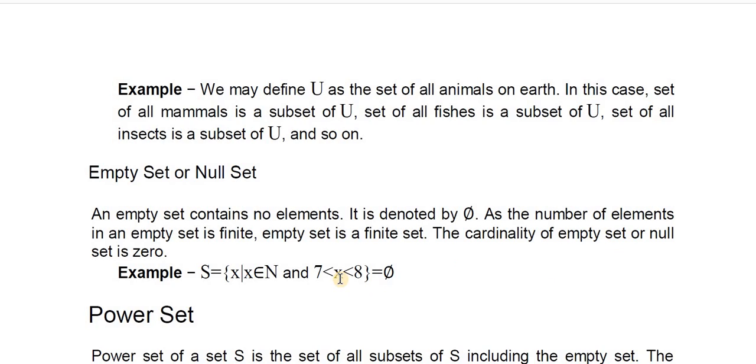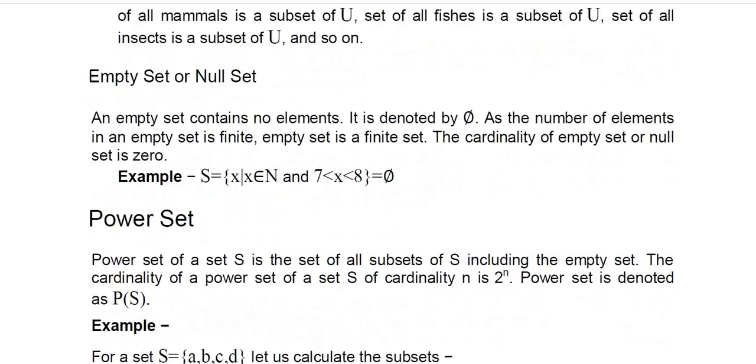For example, elements between 7 and 8, that means a natural number between 7 and 8 is nil. So the set that contains the elements less than 8 and greater than 7 is an empty set. Clear? Okay.